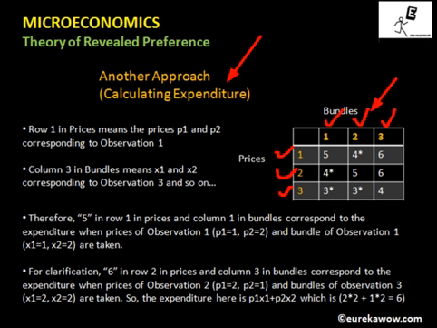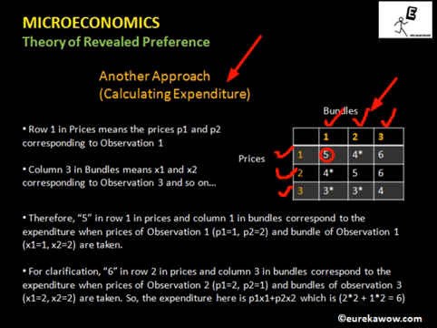Now let's look into what the other cells mean. So for example, if we take this cell, what does this mean? It means the expenditure when the prices are P1 and P2 corresponding to observation 1, and x1 and x2, that is the bundle chosen, are that in observation 1.